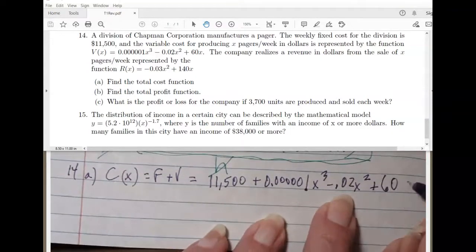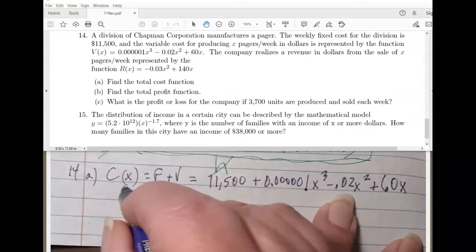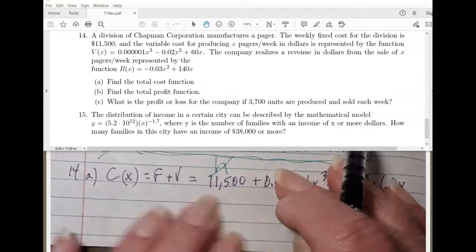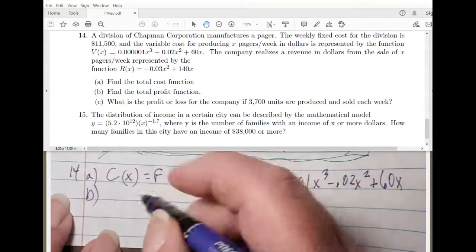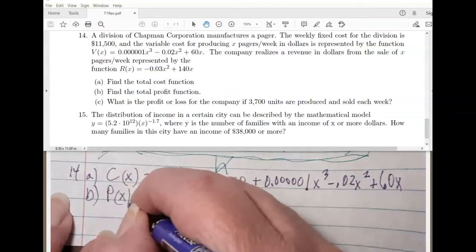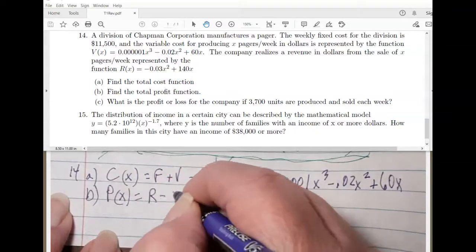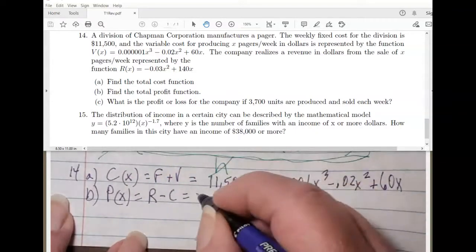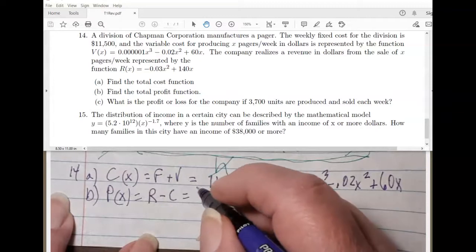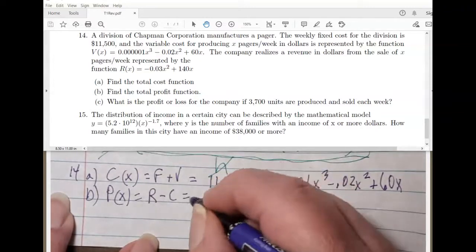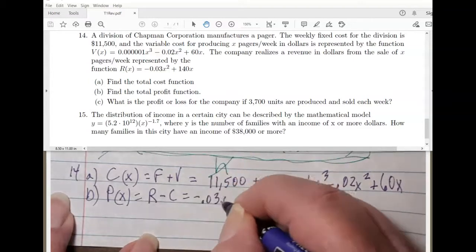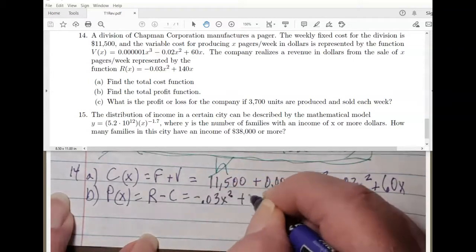Now when I ask you for a total cost function, I need to see the c of x, so make sure you're writing that. Part B, it says to give me the profit function. So p of x is actually revenue minus cost. The revenue function they gave me was negative 0.03x squared plus 140x.